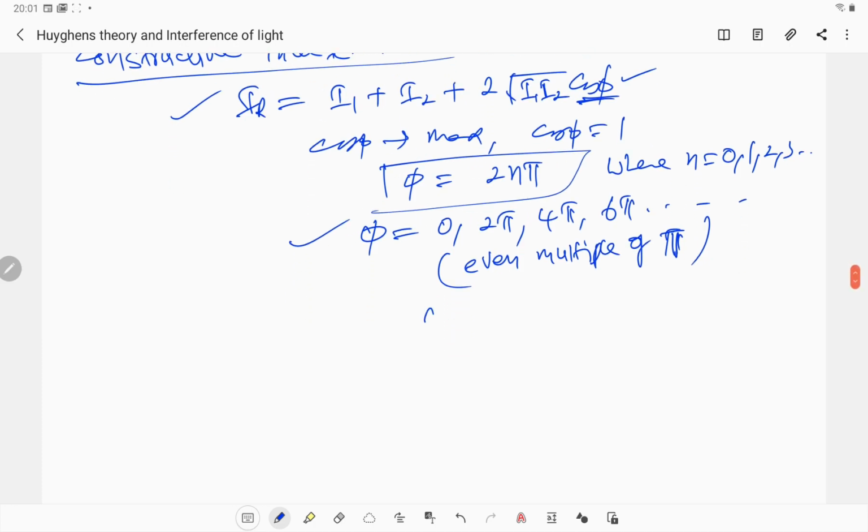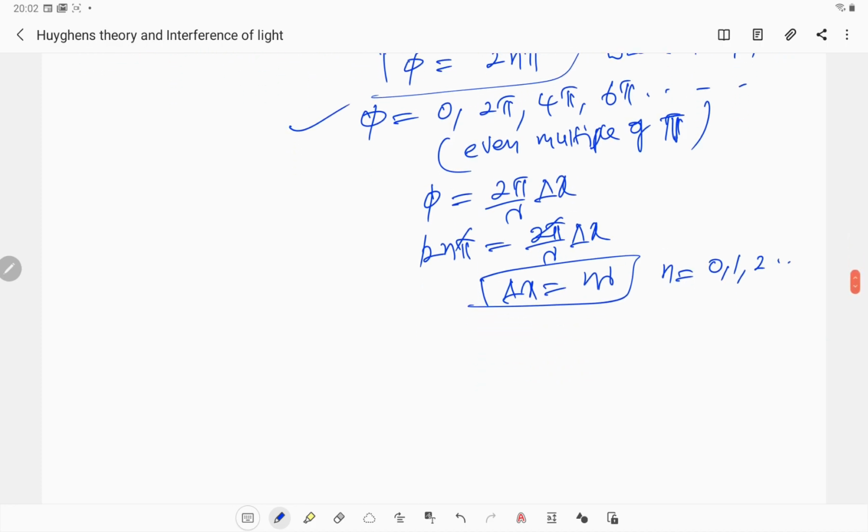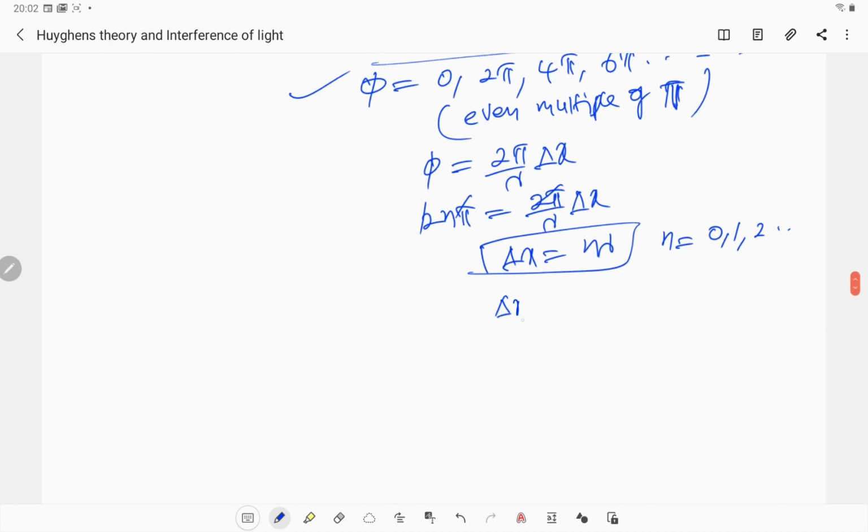What about path difference? Phase difference phi is equal to 2 pi by lambda into delta x, where delta x is the path difference. Phase difference is 2n pi, that is equal to 2 pi by lambda into delta x. 2 pi cancels. Therefore, delta x is equal to n lambda, where n is equal to 0, 1, 2 and so on. For simplicity, I am writing delta x is equal to 2n into lambda by 2.